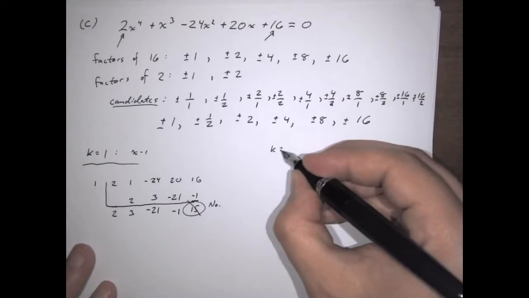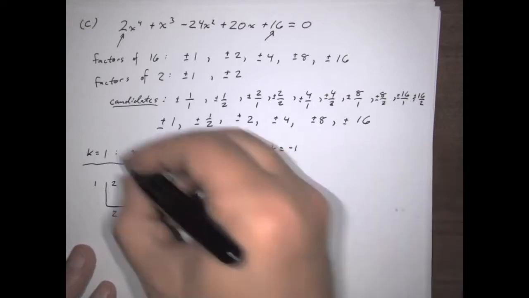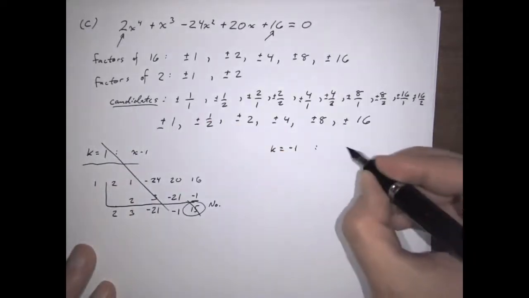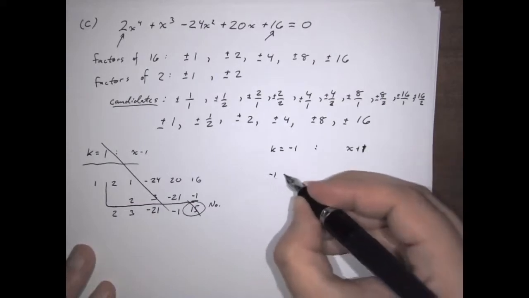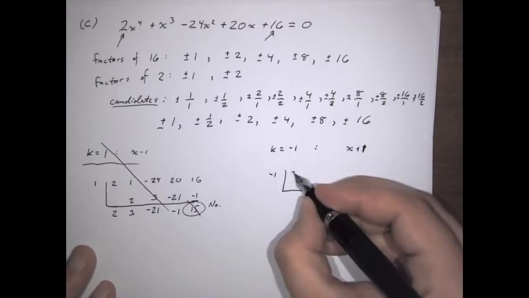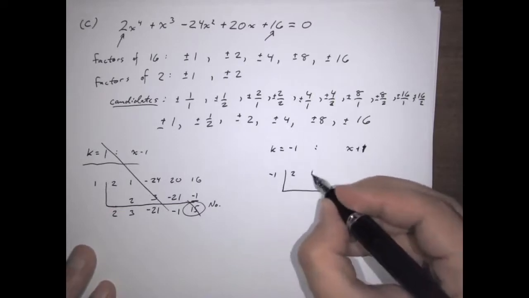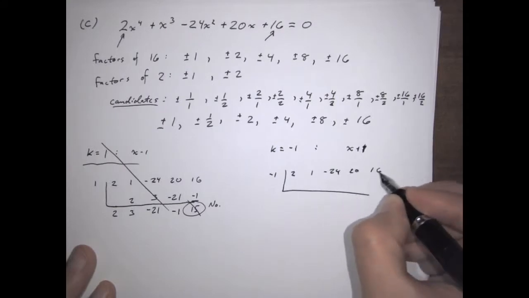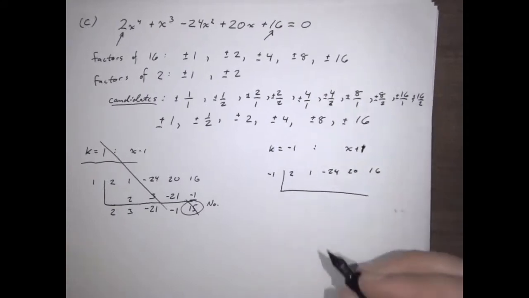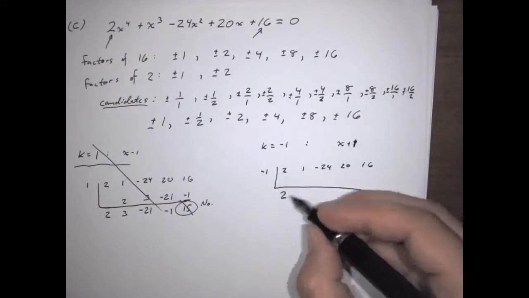How about if k equals negative 1, meaning x plus 1, I should say. So it's a negative 1 now. 2, 1, negative 24, positive 20, positive 16. Down comes a 2.